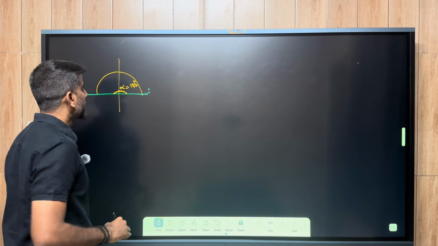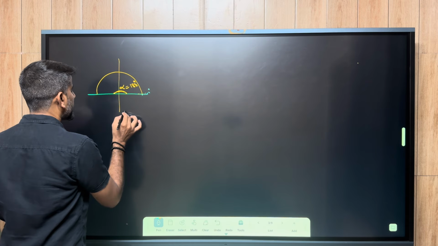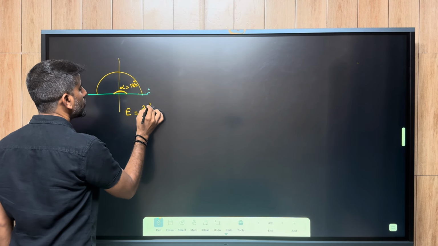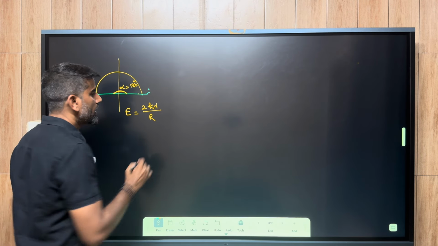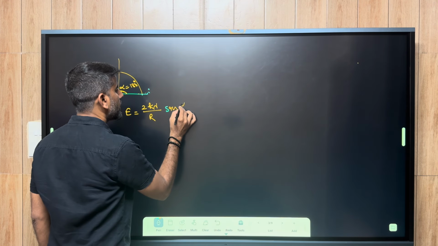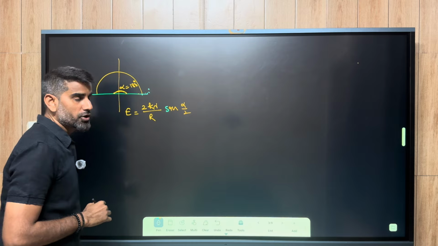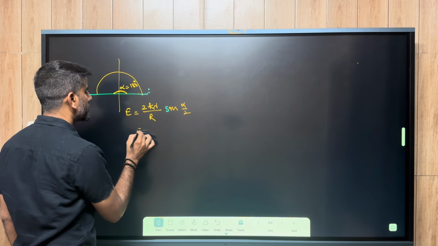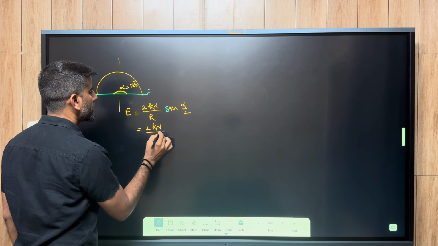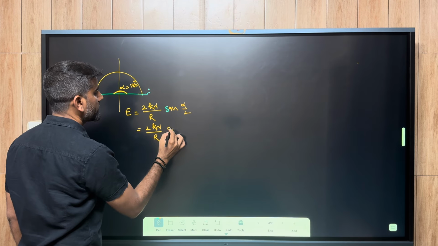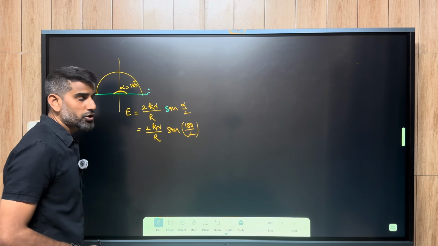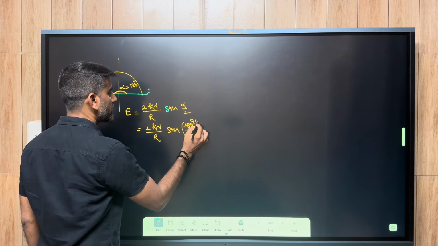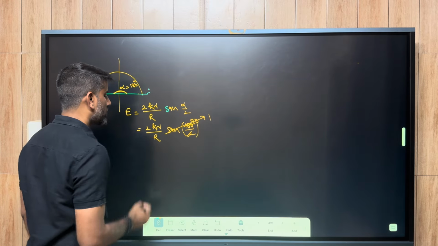Now, electric field E is equal to 2k lambda by r sine alpha by 2. Alpha is 180 degrees, so 2k lambda by r sine 180 by 2. 180 by 2 is 90 degrees. Sine 90 value is 1.